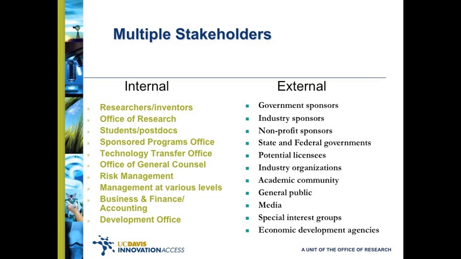As you can see from this slide, many of these organizations do not normally work together, but through an effective technology transfer program, we are able to bring these parties together for the greater good.